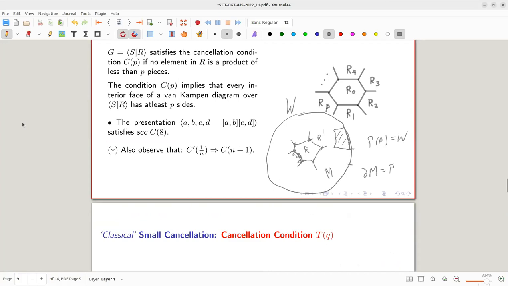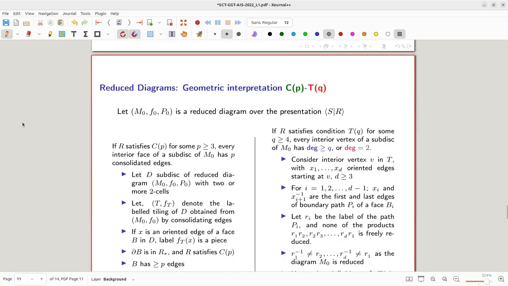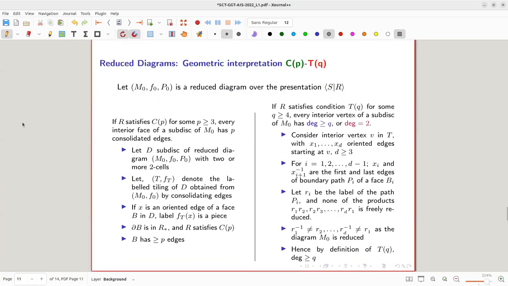A 2-cell. So they are overlapping on this consolidated edge. And then by the definition of a piece, the label of this consolidated edge is a piece, right?